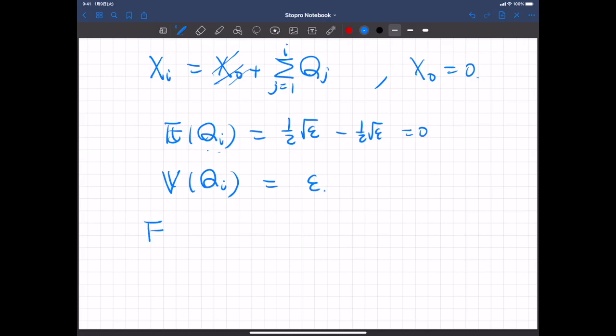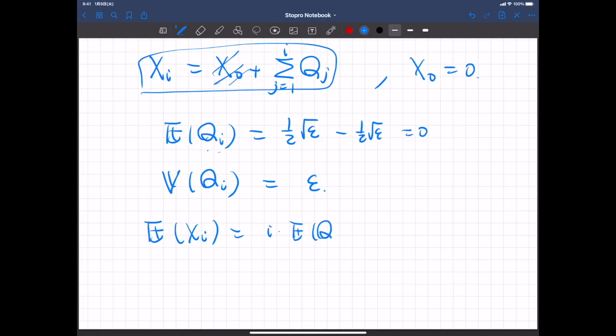So the expectation value of xi as defined by this summation is just the sum, so that will be I times the expectation value of qi. But that's 0.